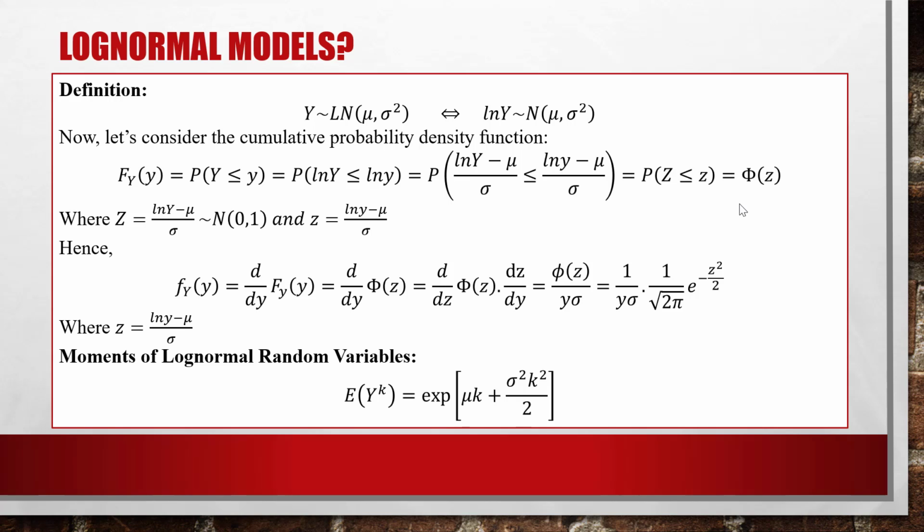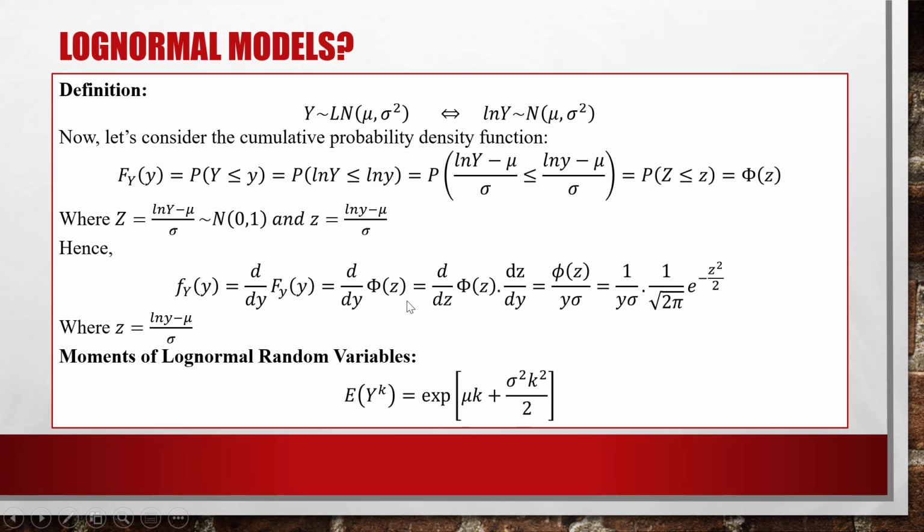So now in order to find the density function, we basically take the derivative of the cumulative probability function with respect to variable y. So little f y of y is equal to d over dy of capital F of y, which is equal to d over dy of phi of z.